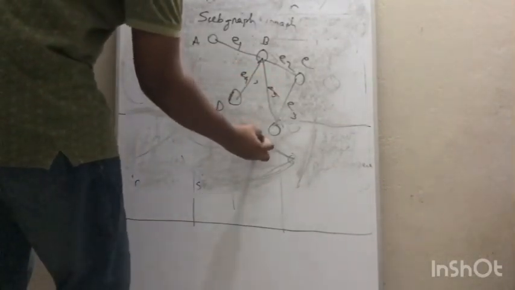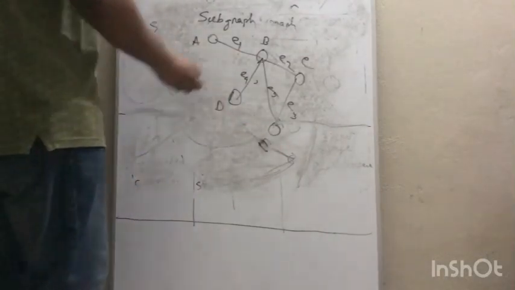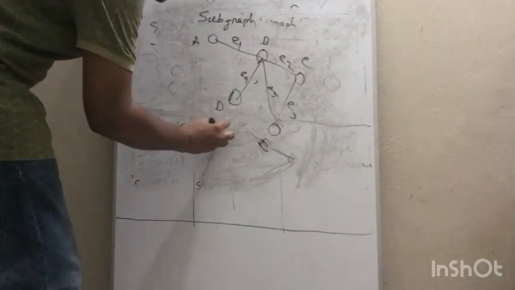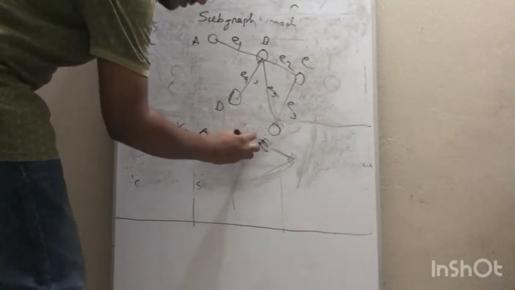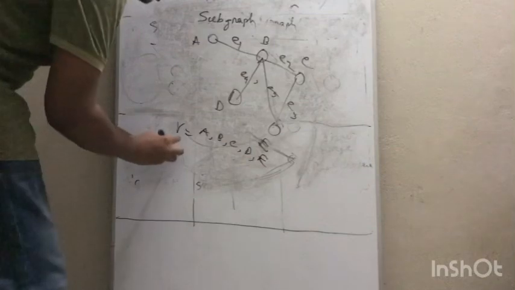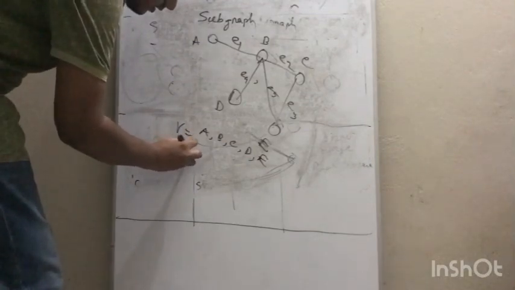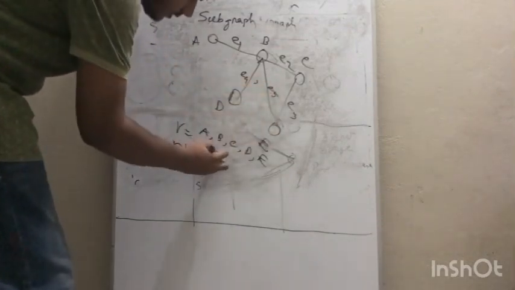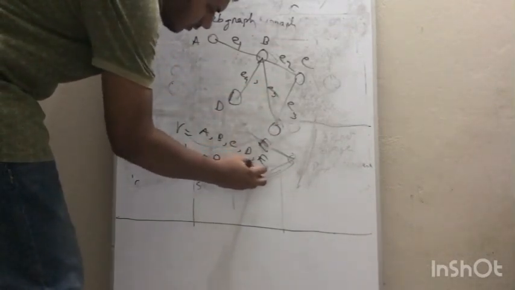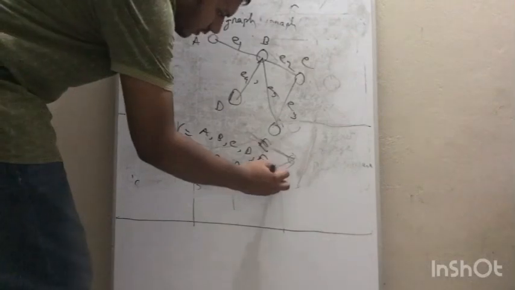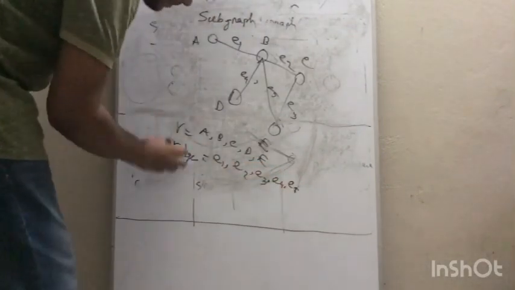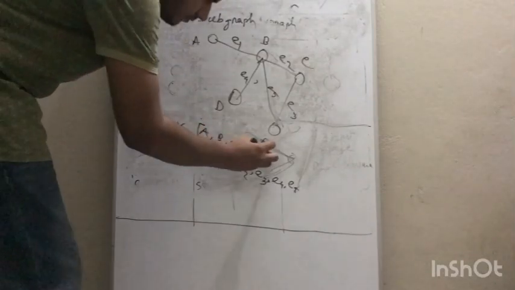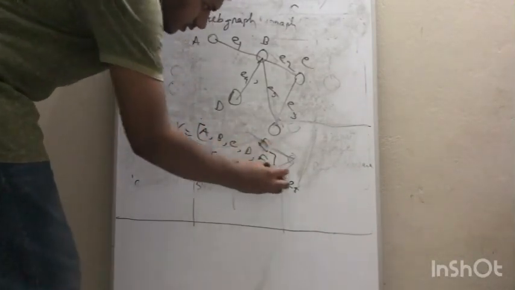So now the vertices are A, B, C, D, E, and the edges are E1 to E5. This is the vertex set, and this is the edge set.